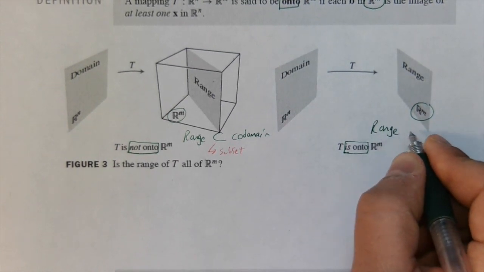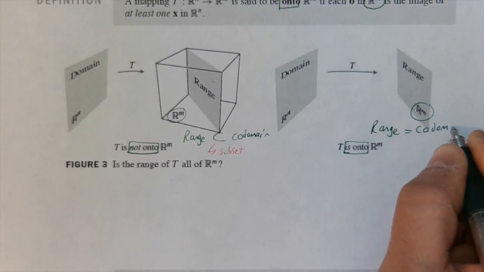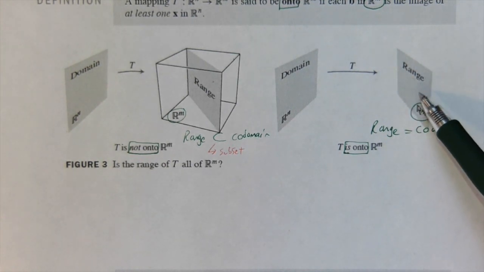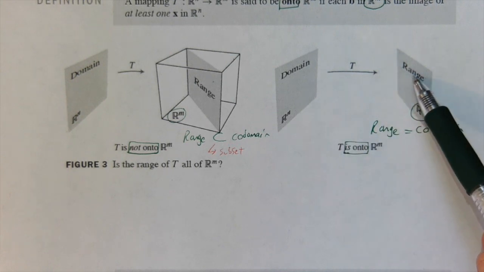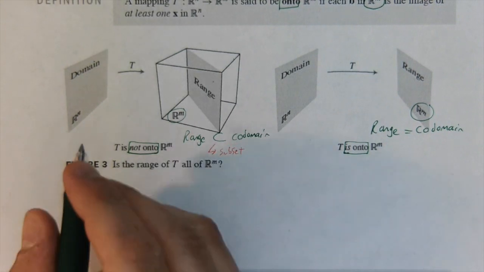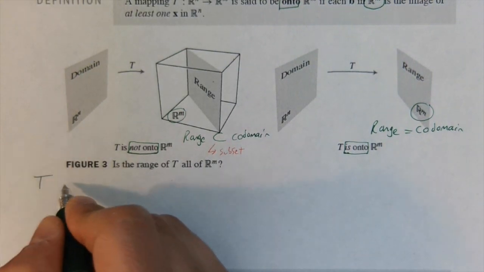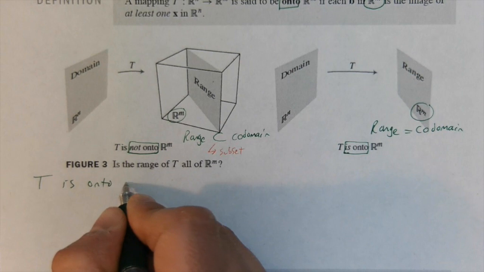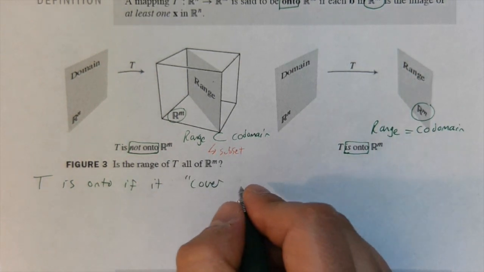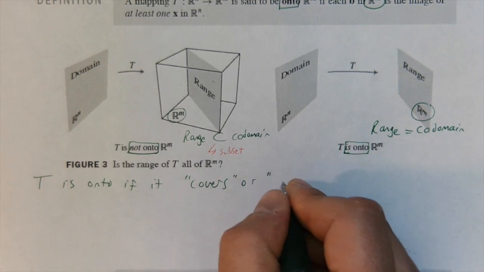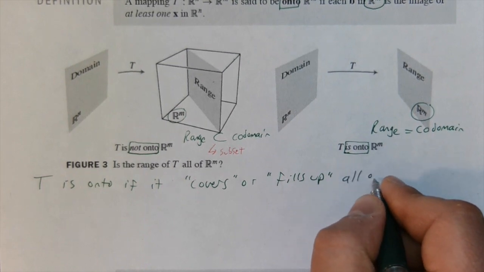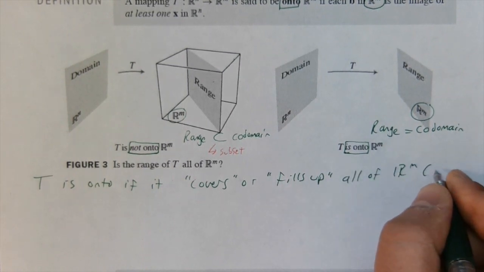So the range equals the codomain in this one. In other words, whatever the codomain is, it gets filled up by this transformation and the range becomes the entire space. And so I want to write that down in words right here. T is onto if, the way I think about it, it covers or fills up all of the codomain Rm.